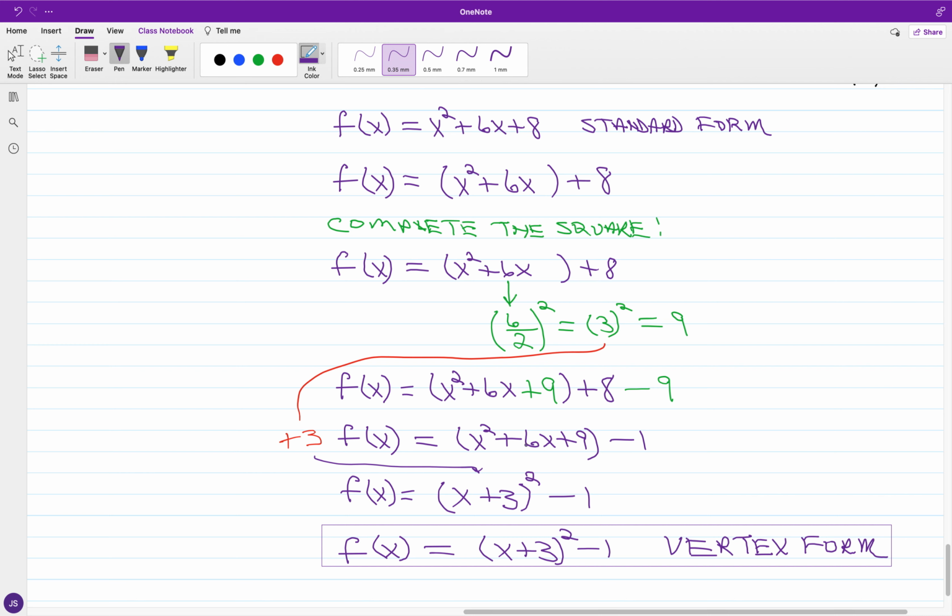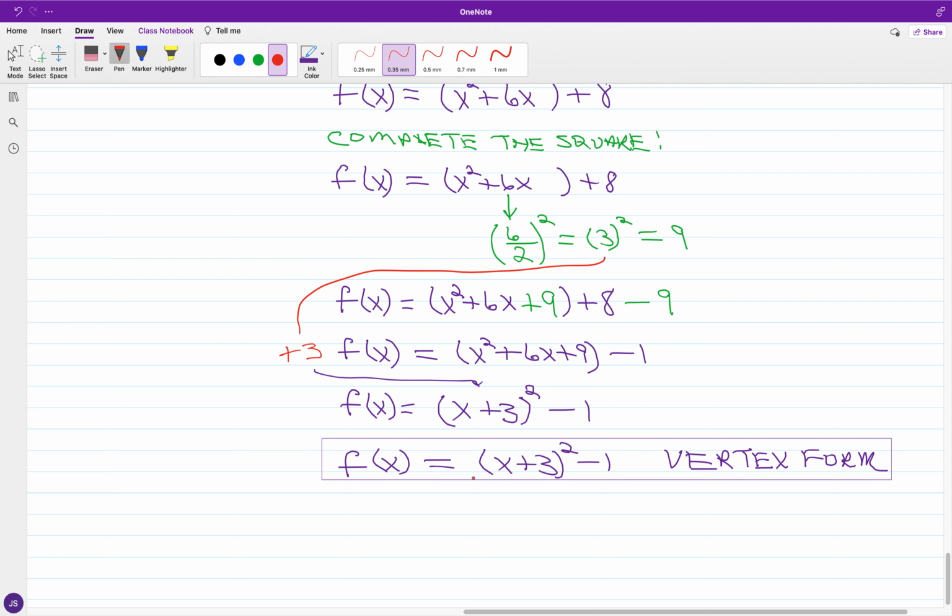If I were to go back to the standard form, I have x squared plus 6x plus 9, and if I take away 1, I'm back to x squared plus 6x plus 8, or standard form. But I'm writing this trinomial in terms of the square of a binomial expression, which is going to be the square of x plus 3. And then I have the minus 1 to follow.